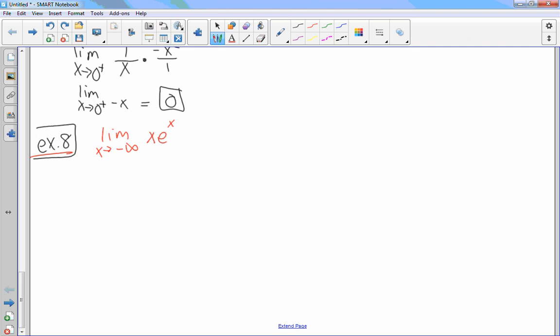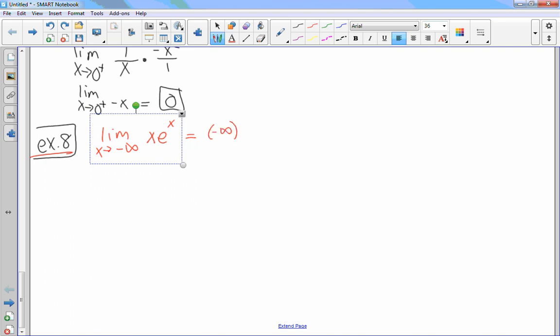Right now, if we plug in, what would we get? Negative infinity plugged in for x would be negative infinity, with the product times what's e to the negative infinity?